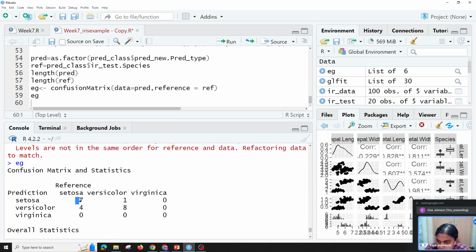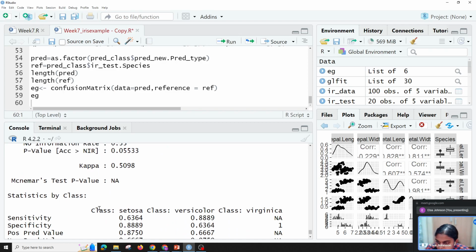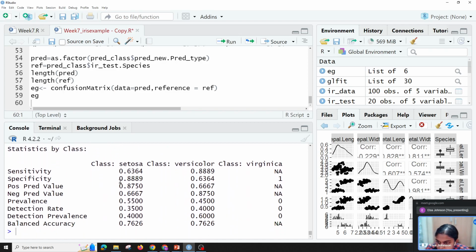Setosa, true positive 7, true negative 8, and these things. Accuracy 0.75, and all the different values are there, specificity, sensitivity, all these values you can see there.